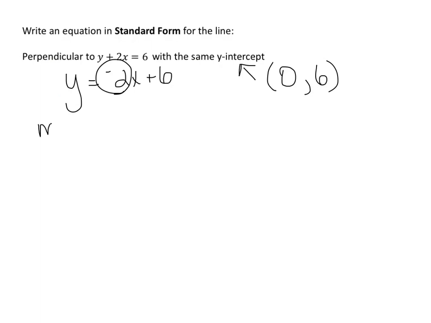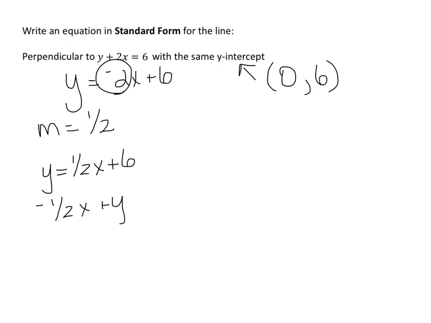So my new slope is positive 1/2. So now if I'm going to write this in standard form, I might start in slope-intercept form and rearrange. Again, I've got this negative and a fraction, so I'll multiply by -2.